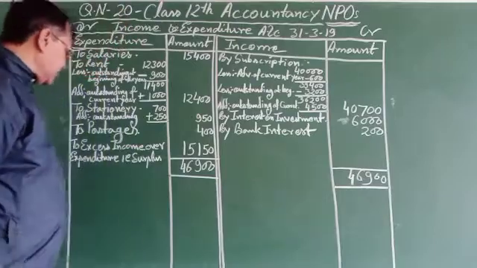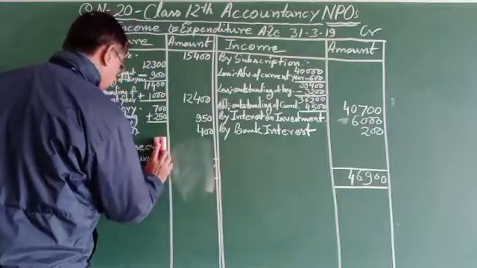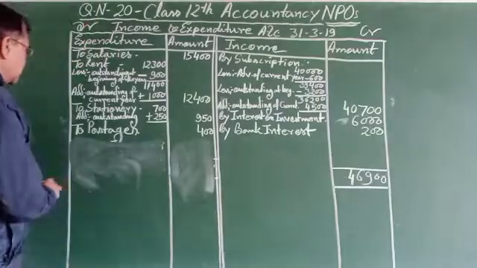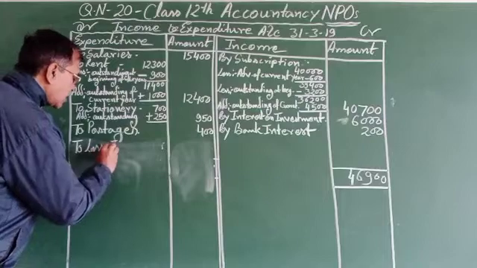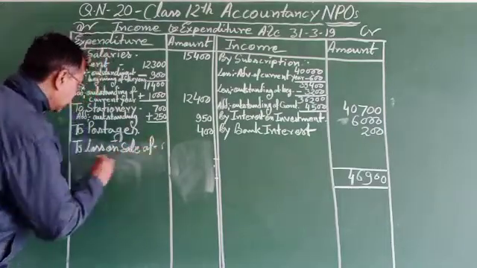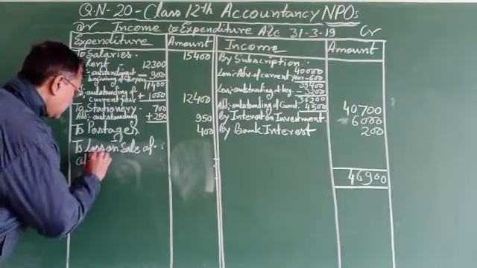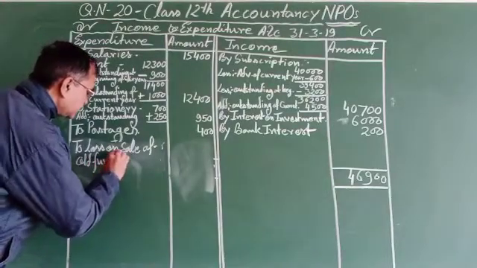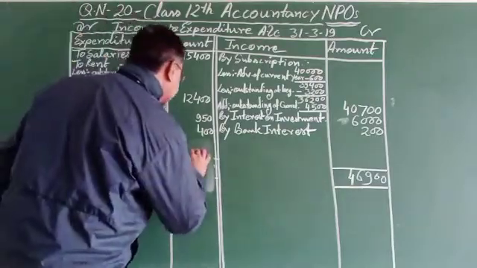Now here we can see to loss on sale of old furniture, that is 2,600.